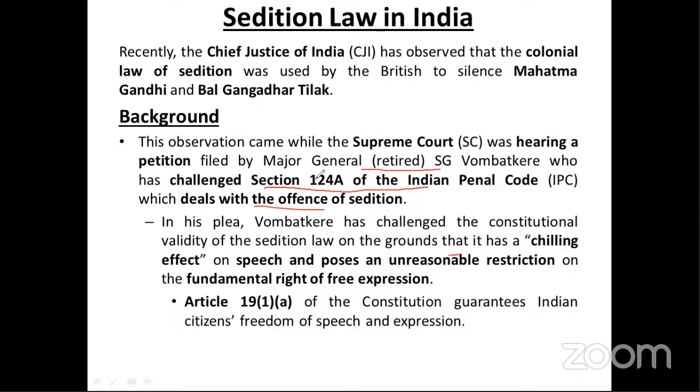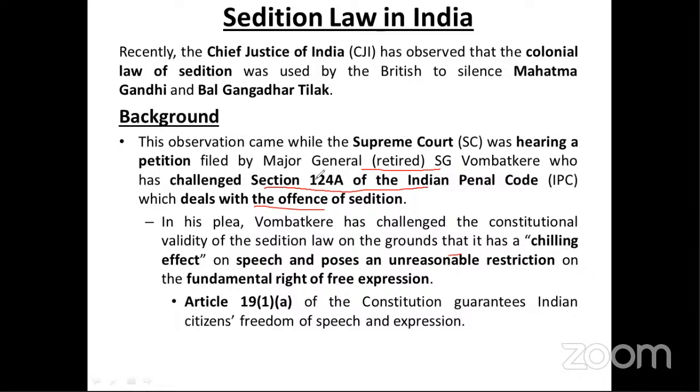So he filed a petition and requested the Supreme Court that it should be completely removed from the Indian Penal Code, so that people of India can raise their voice if they are facing any problem. This was the actual background of the news.